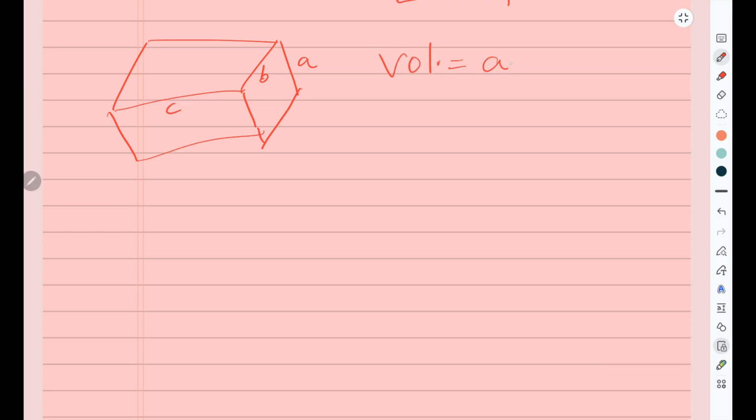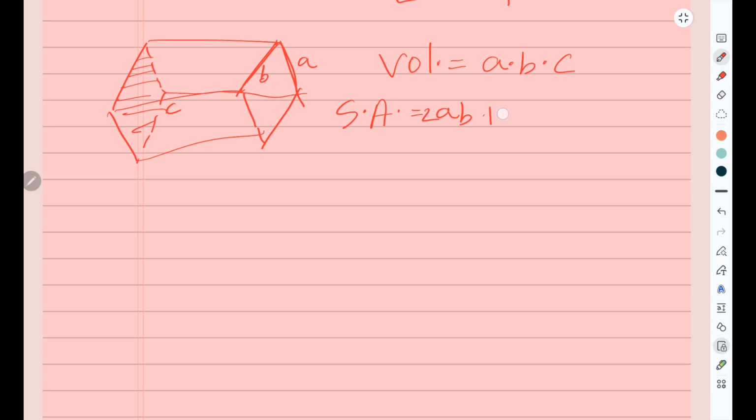And let us just take for example the cuboid, where all the sides are not equal. For example, this side is a, this side is b, and then this side is c. In that case, the volume will be equal to a times b times c. Okay, and the surface area will be equal to a times b, and then there is another a times b also, this one.